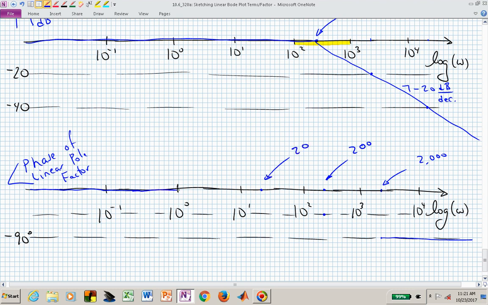We're 0 degrees until we reach the small frequency, and then we transition over that 2-decade interval with a slope of minus 45 degrees per decade. Then after 2 decades, we are now down to, again, this is a straight line approximation, minus 90 degrees. And that's how we can now sketch these linear factors in our Bode plot sketching.